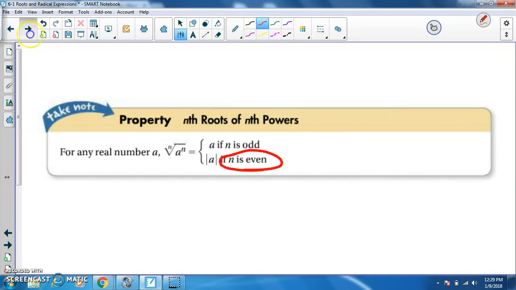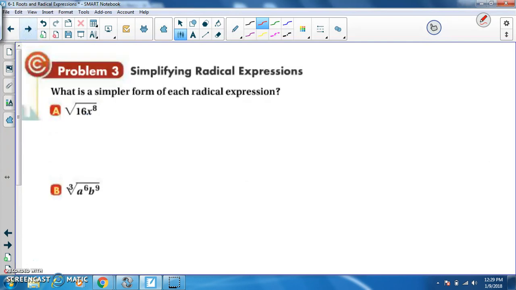Odd, we do not need absolute value. So the square root of 16 x to the 8th. Here we have an even index because it is a square root. So the square root of 16 is 4 times the absolute value of what times itself equals x to the 8th, the absolute value of x to the 4th power. And since x to the 4th power will always be positive, we don't need the absolute value, so it's just 4x to the 4th.